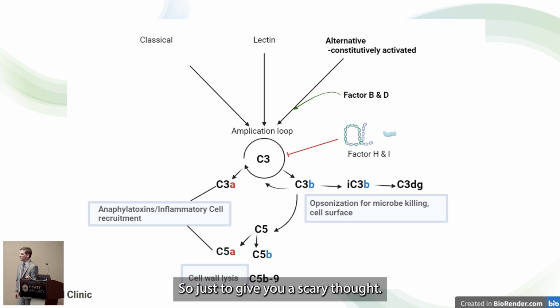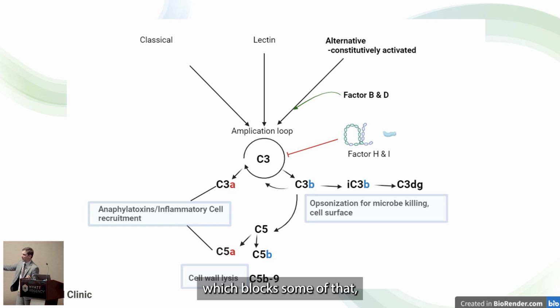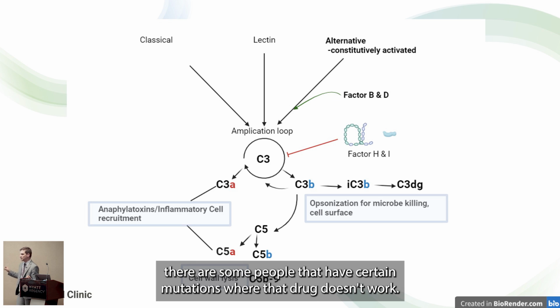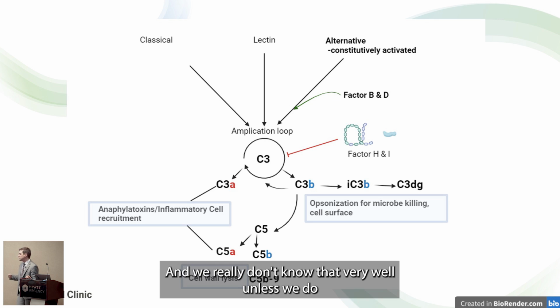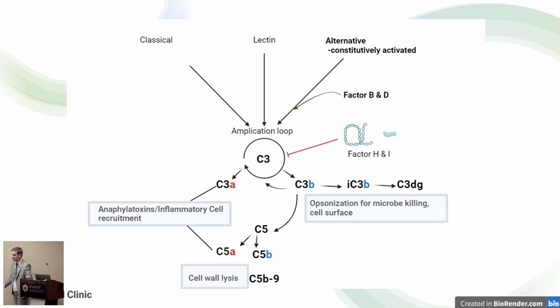And we have to check certain labs to make sure that's true. So just to give you a scary thought: if you have a disease in which we have to use eculizumab, which blocks some of that, there are some people that have certain mutations where that drug doesn't work. And we really don't know that very well unless we do some of these more specialized complement tests.